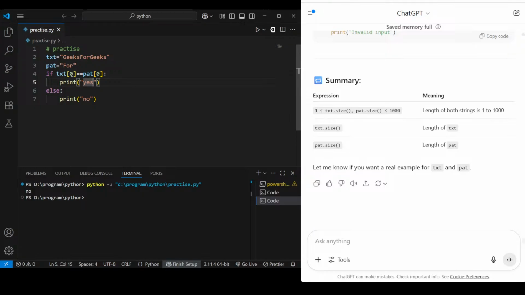For that, instead of putting 0 here, I have an idea. Wait, for i in range x dot length.